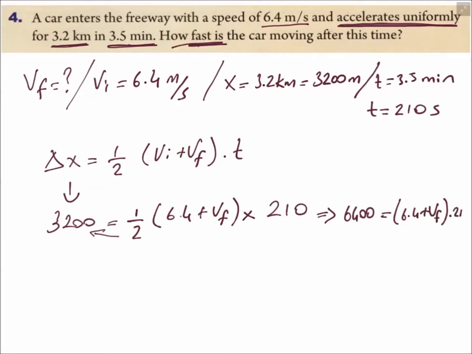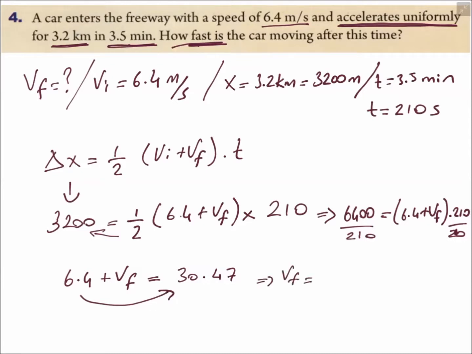times 210. If we divide both sides by 210, 6.4 plus v final equals 30.47. So if we send 6.4 to the other side, it's going to be negative.